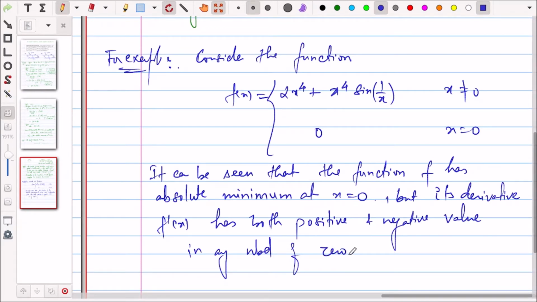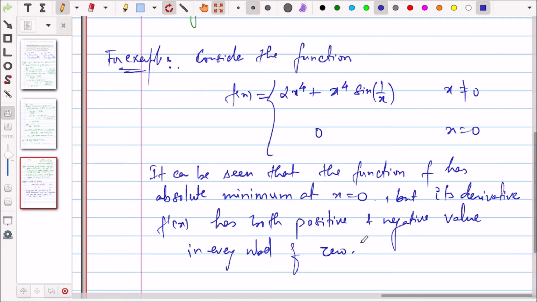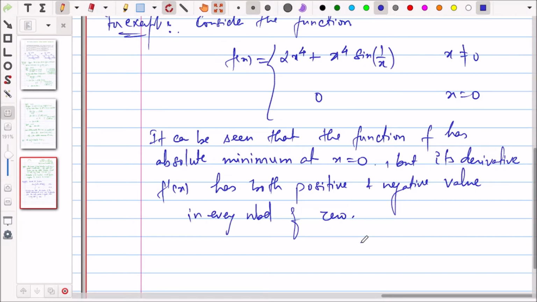Okay, in every neighborhood of 0, in fact, you can say. So why is it an absolute minimum at x equal to 0? Can anyone prove that it has an absolute minimum at x equal to 0?